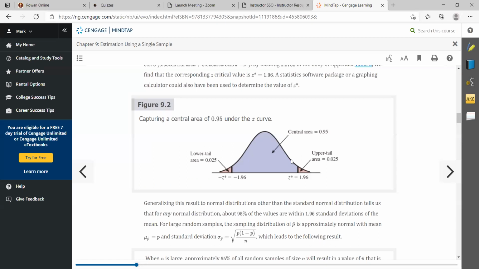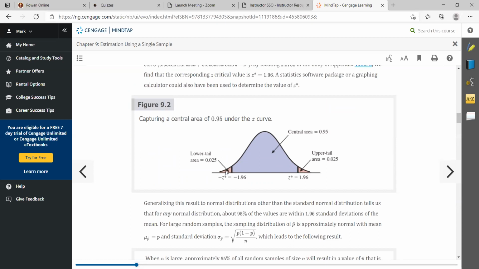So this is really important. In your calculator, when you are calculating the critical value for confidence intervals, which is going to be a z or a t, if I say 95% confidence interval, the area that you're going to use in inverse norm or inverse t must be the middle area plus the left tail area.